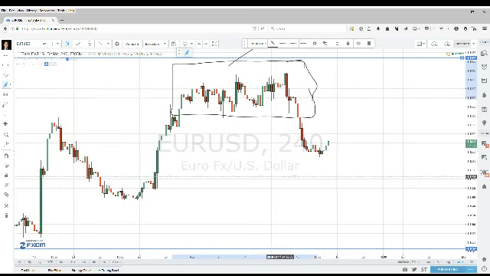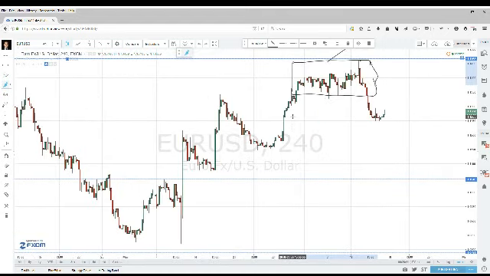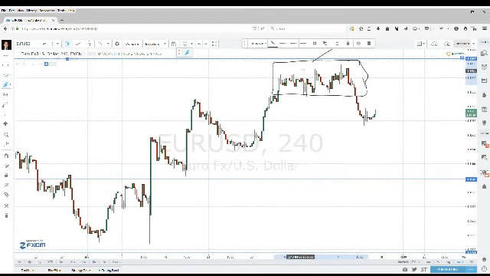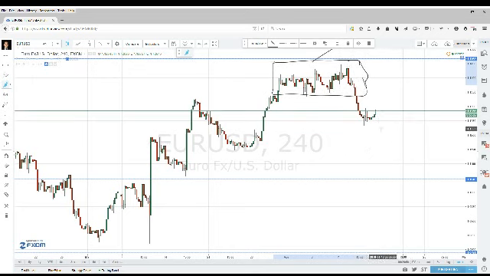Now what I was expecting on that pair is that price could either break out of that range and go above, or break down and go below.